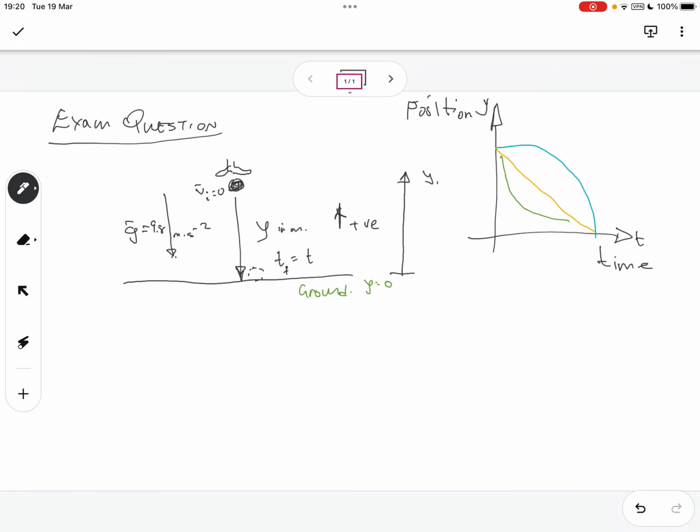Now we need to study our graphs quite well. First, looking at the straight line graph. The straight line graph is usually attributed to uniform motion.